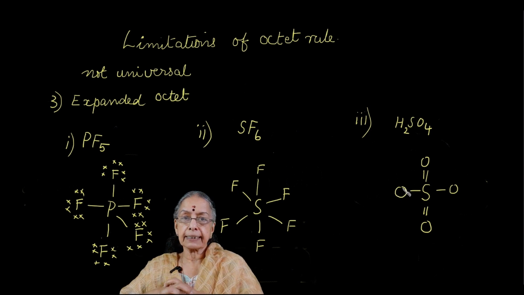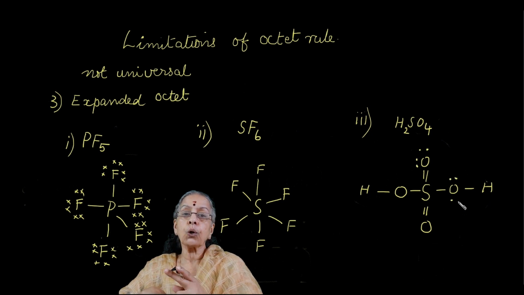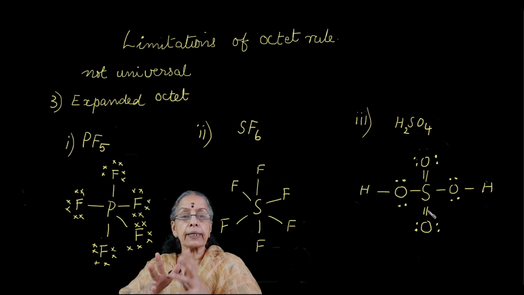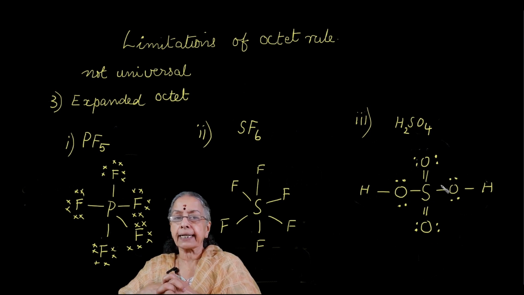The 2 oxygen atoms with single bond now bond also with 1 hydrogen atom each. All the 4 oxygen atoms have 2 lone pairs each. From the diagram, you can easily understand that sulfur atom has 12 electrons in its valence shell. So this also is a case of expanded octet.